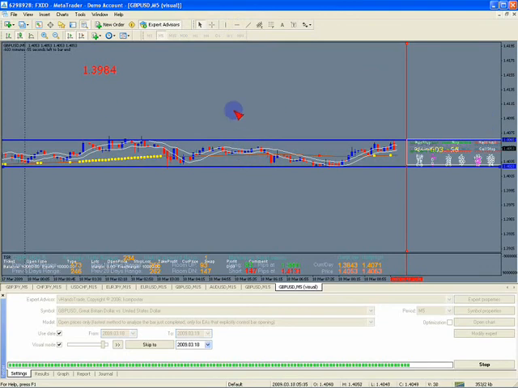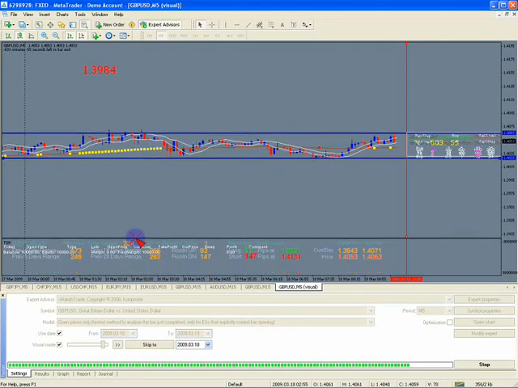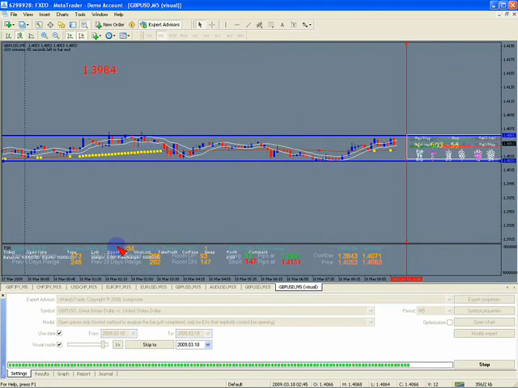Okay, then what people often ask is, once you're in the trade and it's broken an area of support or resistance, where do you get out? One of the things is to look at your daily average trading ranges, and you can get that with this indicator that I supply free of charge, along with all these other indicators here.